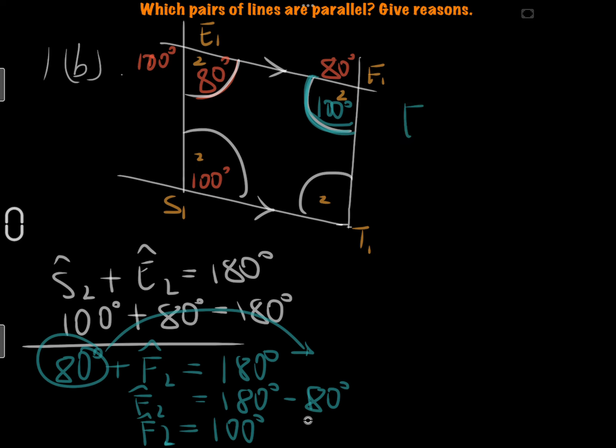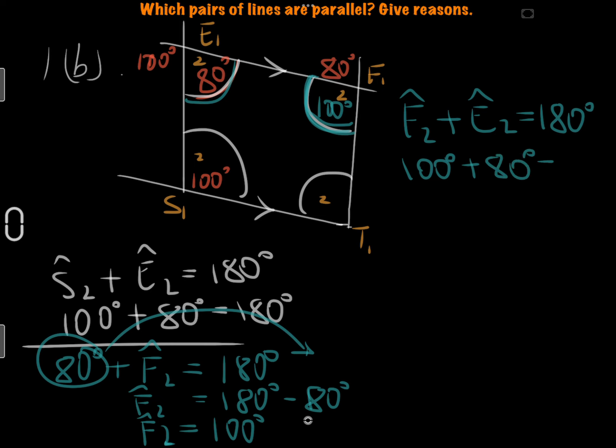Again, to confirm, angle F2 plus angle E2 should give us 180. F2 is 100 degrees by substitution, plus E2 is 80 degrees. You can clearly see that these two angles, E2 and F2, are supplementary angles.